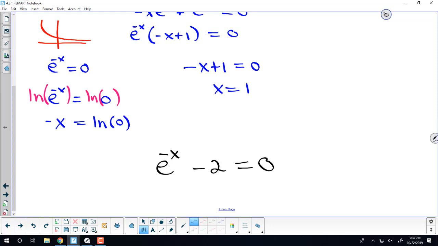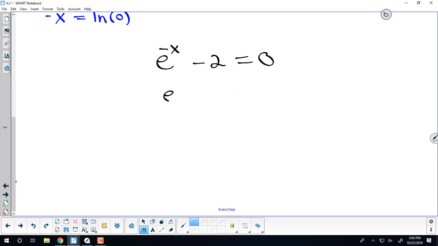That will equal 0 somewhere. Just because we have an exponential doesn't mean it's 0. We're just saying that if it's only an exponential by itself equaling 0, it will never equal 0, right? So you see this process unfold: okay, when does e to the negative x equal 2? That's when negative x equals the natural log of 2, when x equals negative ln 2. So you solve that way with exponentials.